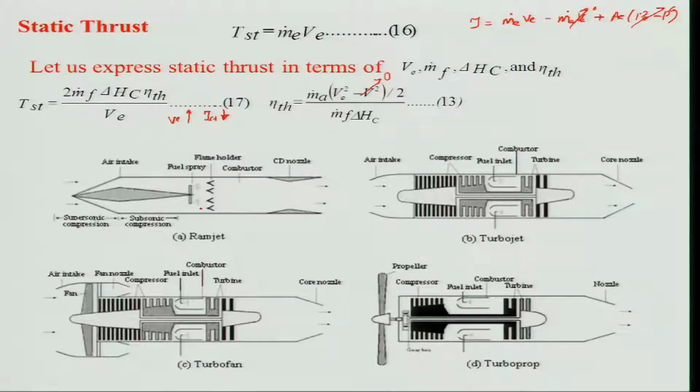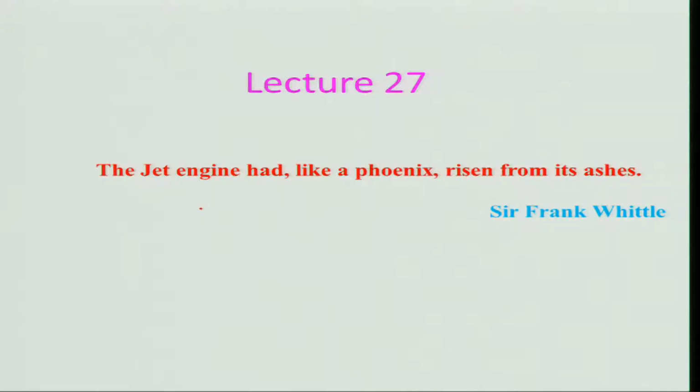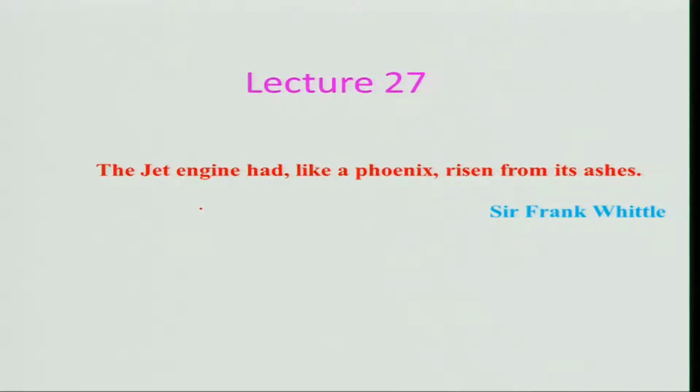I would urge you to look at this figure, because this is the second time I am showing it, and you will find it quite interesting. We will start this lecture with a thought from the legendary Sir Frank Whittle, who said the jet engine had, like a phoenix, risen from its ashes.